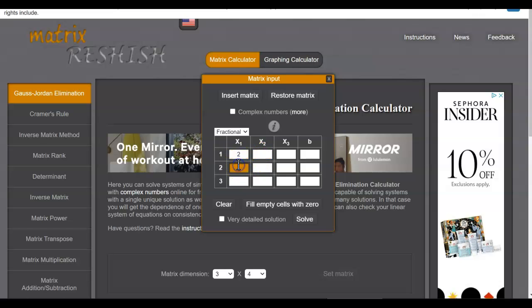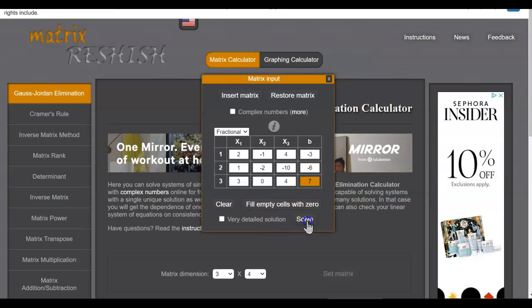So 2, 1, 3. I'm just typing in the numbers that were the coefficients in front of each of the variables. And then -3, -6, 7. This saves a lot of time.